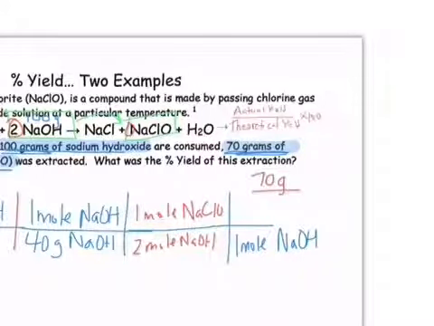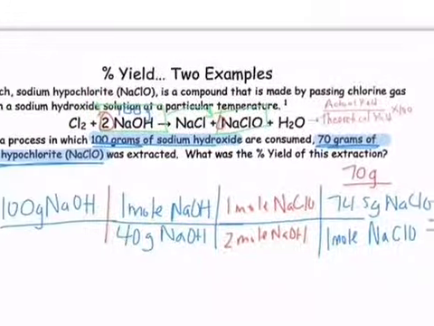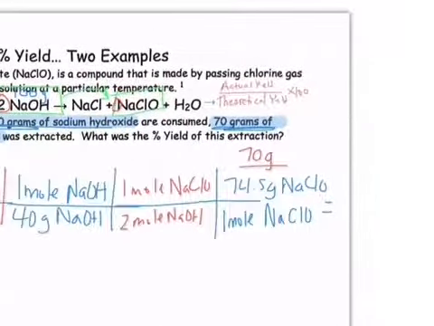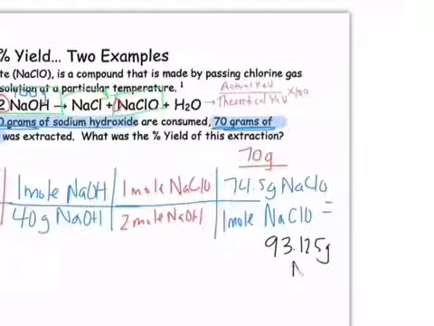So I punch that all into my calculator, and what I end up finding is that I get 93.125 grams of NaClO. Well, what do I do with that? Well, remember our percent yield equation.